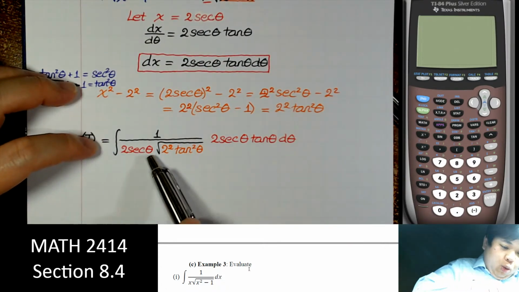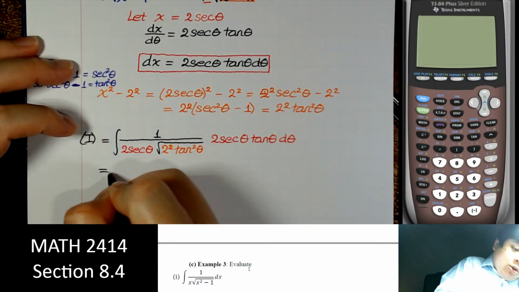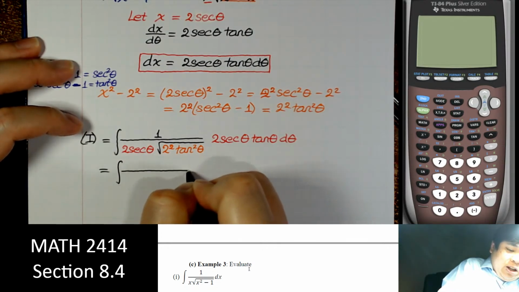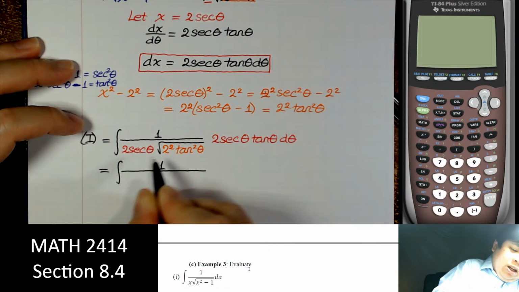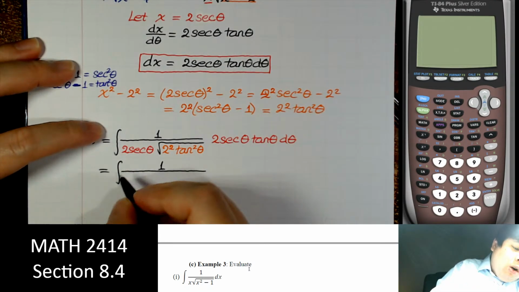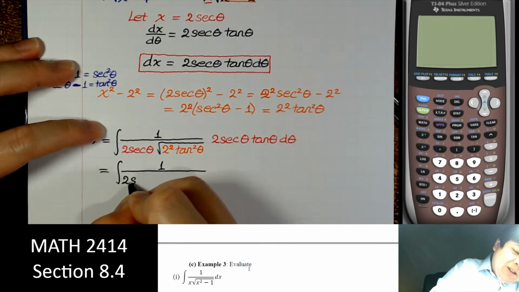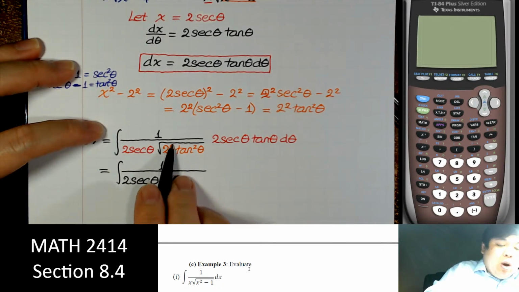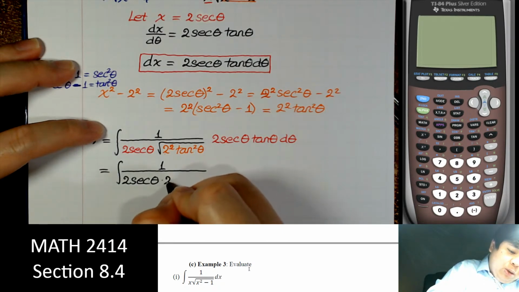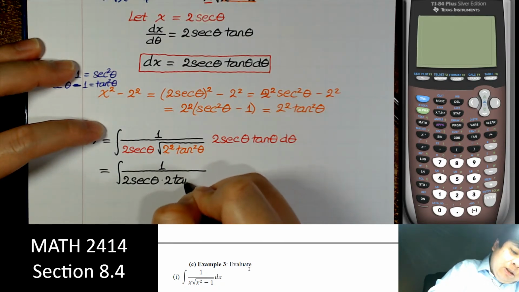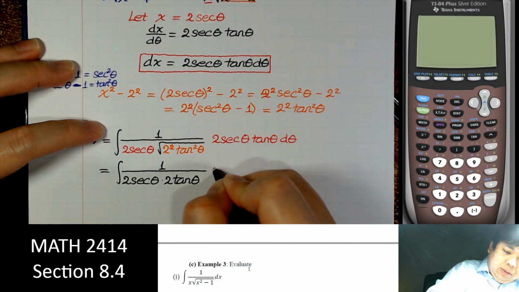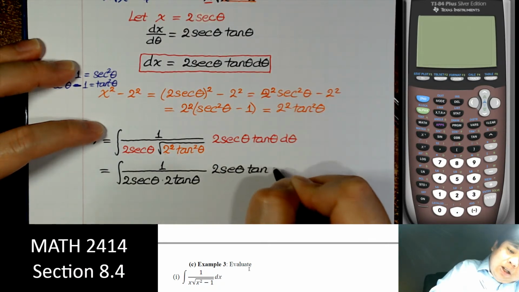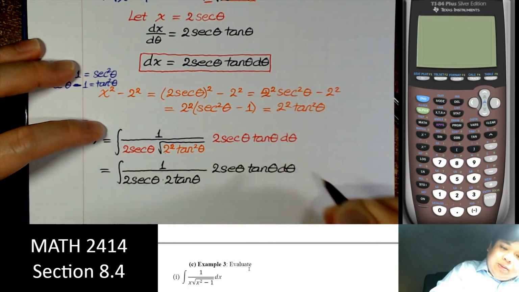Now, of course, the square root and square cancel out. Like I said, we assume that it is going to be positive, and it just cancels out instead of absolute values. Of course, the secant cancels, but worry about that on the next step. And that square root of 2 square is 2 tangent, 2 secant of theta, tangent of theta, d theta.